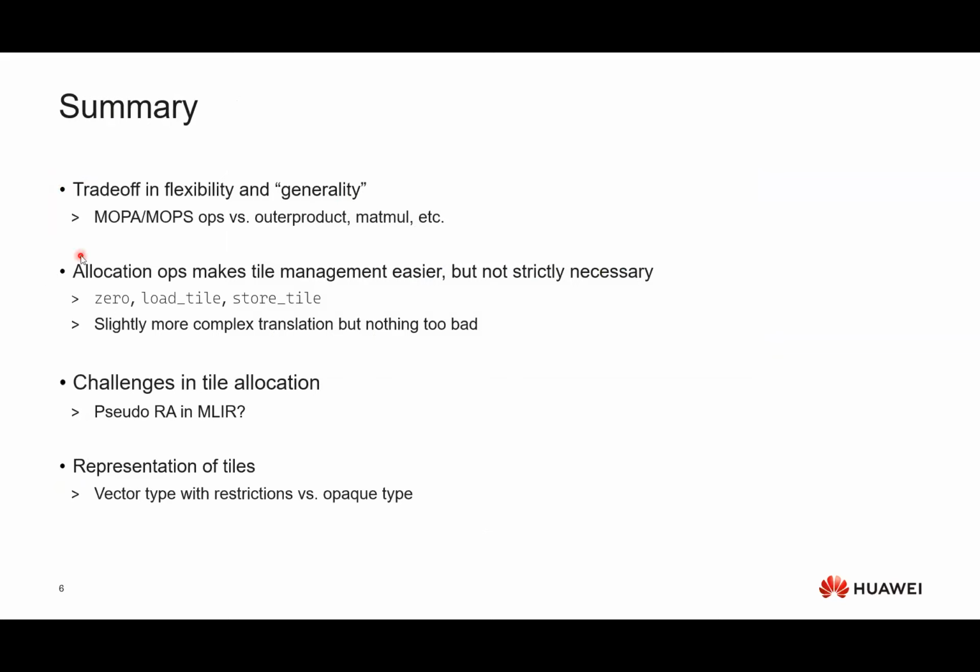Allocation ops make tile management easier, but they're not strictly necessary, as long as whatever is generating these operations knows how many tiles are available and the restrictions there are. It's debatable whether or not we want to do this sort of pseudo register allocation in MLIR.